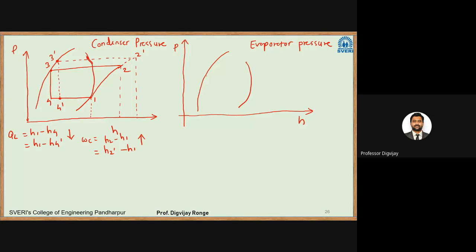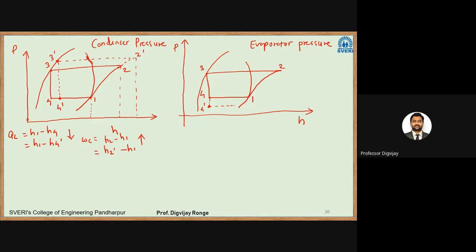Okay, once again I will draw that ideal cycle. So 1, 2, 3, and 4. So in this case, what I am doing, I am reducing the evaporator pressure. So that will be if I take a lower value. Okay. So I will reach to 4 dash.